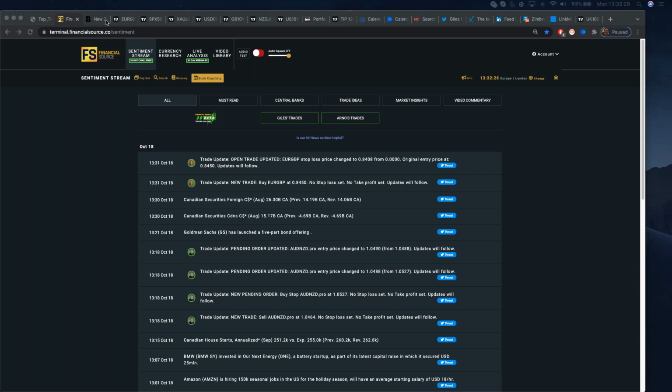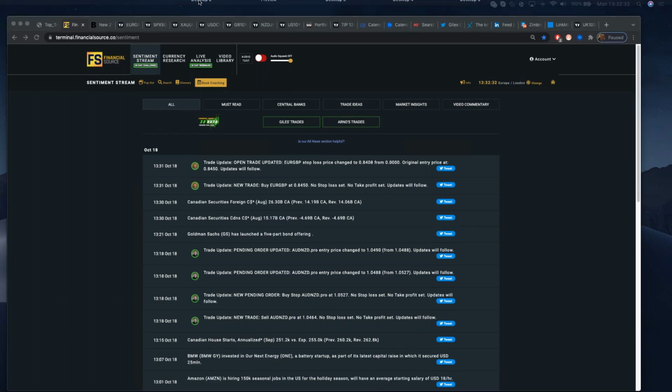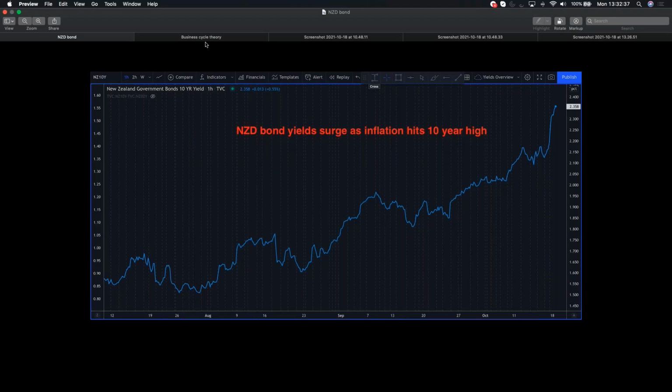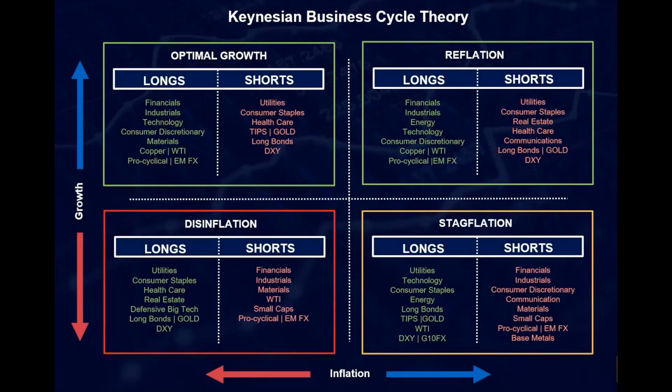Okay, so first off on the agenda is just going to remind ourselves what stagflation is. So first of all, what is a stagflationary environment? Bottom of the screen, inflation; top of the screen, growth; to the left, down growth; up, inflation. At the moment, the base expectation is that the market's in a reflationary environment: high growth, high inflation.